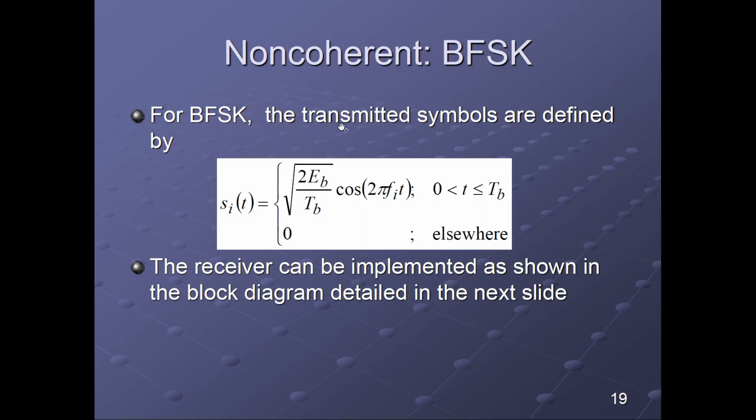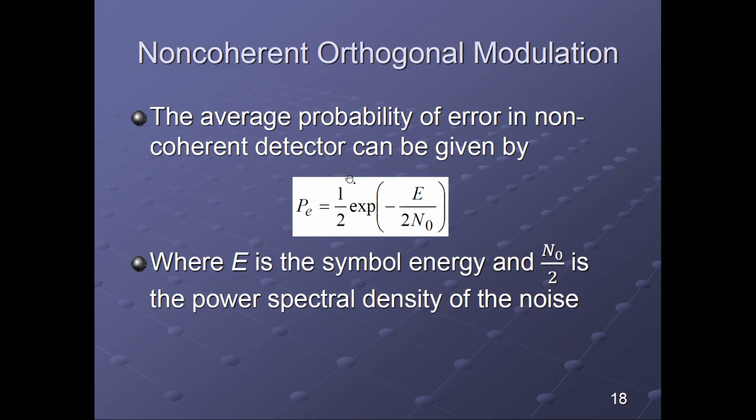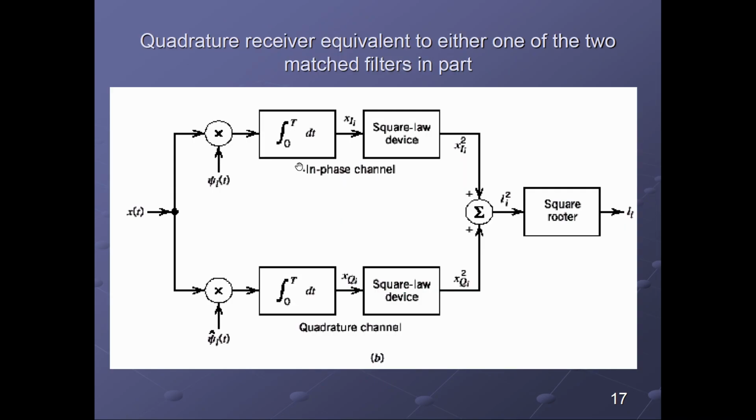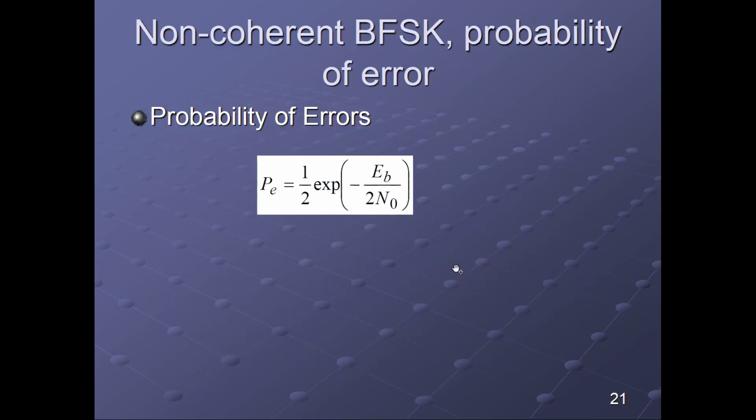For binary frequency shift keying, the transmitted symbols are defined as follows. The receiver can be implemented in these diagrams. Just like the previous block diagram was general for any frequency shift keying scheme, this one is for binary, when you have two values. The same: matched filter, envelope detector, comparison device. We are not bringing any new information here.